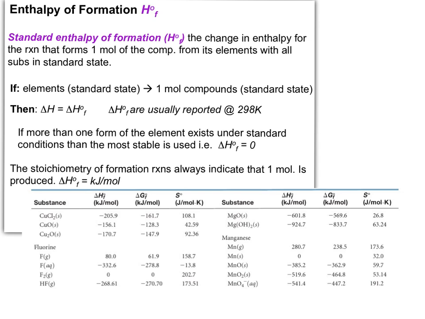Standard state means a substance that's in its pure form at 1 atm and 298 Kelvin. So if I have a situation in which I have reactants that are elements in their standard state that give me 1 mole of product, then the change in enthalpy of that reaction will be equal to the change in enthalpy of formation.